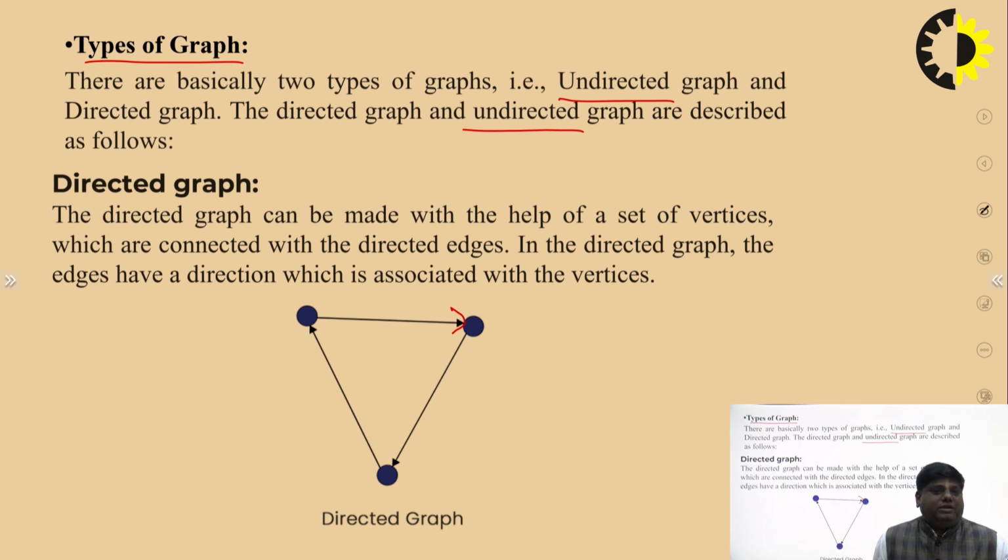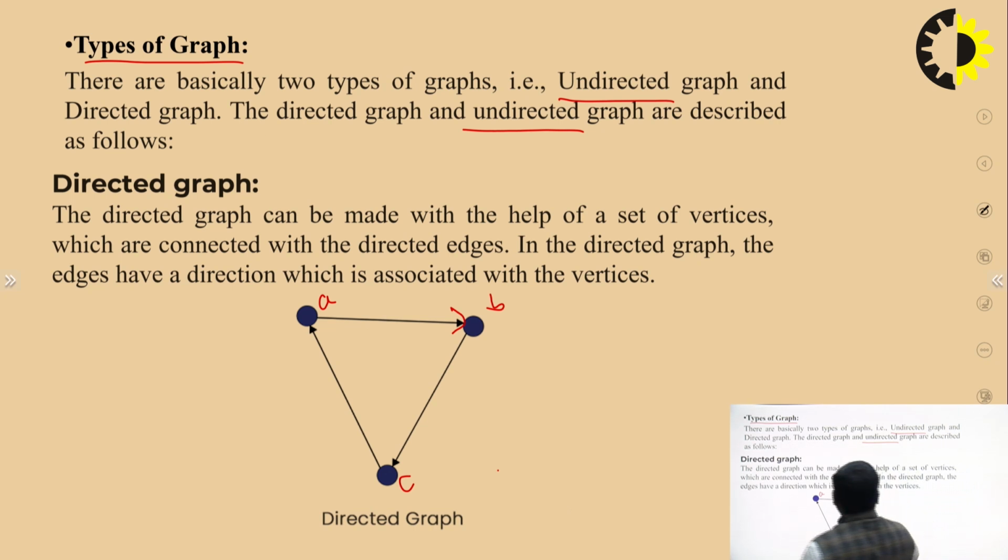If we represent this graph in terms of relation, then if there are nodes A and B, A is related to B, but B is not related to A. It means A and B are related by an antisymmetric relation. Similarly, B is related to C, but C is not related to B.